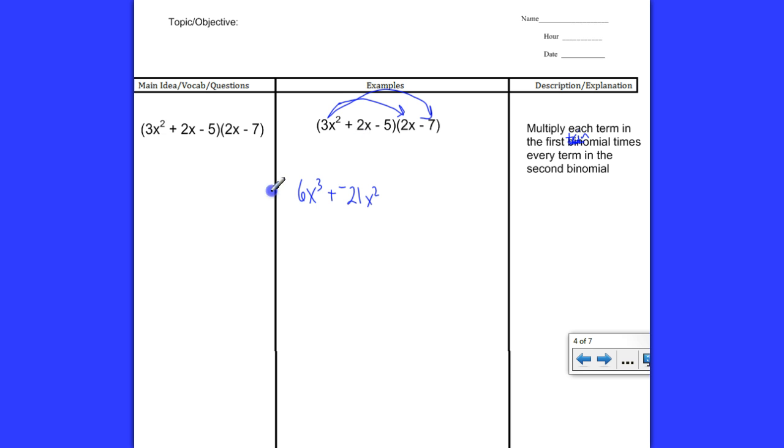Now let's do the 2x here. I moved on to the 2x because the 3 got multiplied by everything there. So 2x times 2x is 4x squared. 2x times negative 7 would be minus 14x.